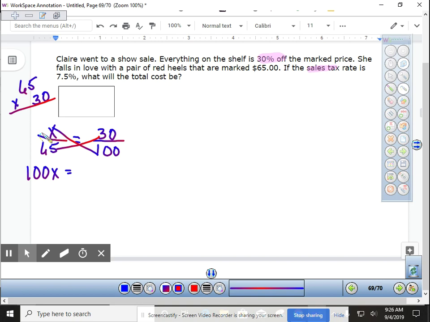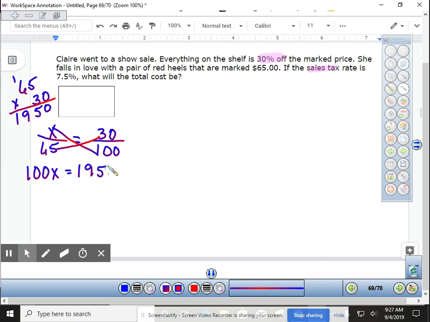Just with the 65 times 30, I got 1,950. I multiplied.